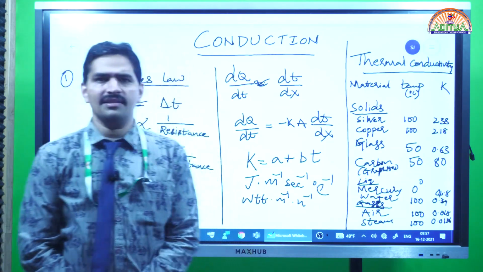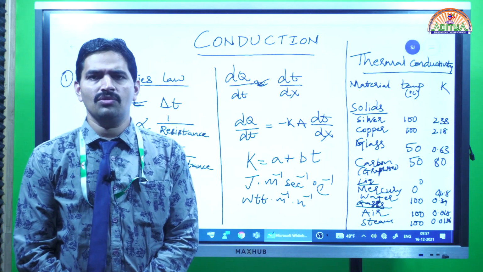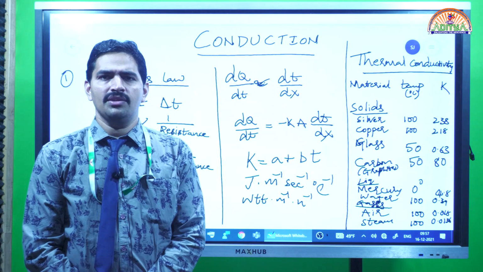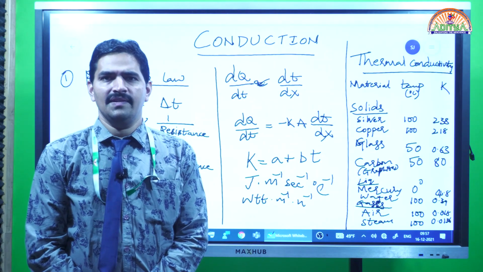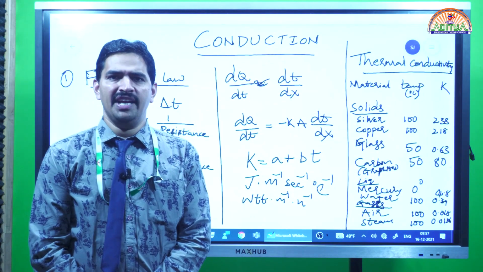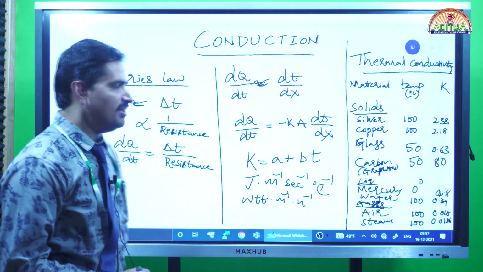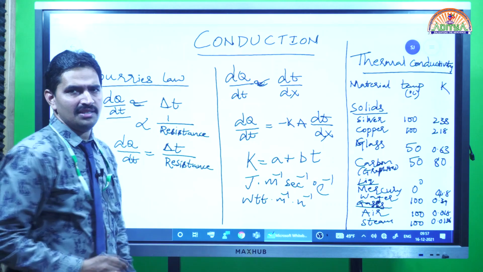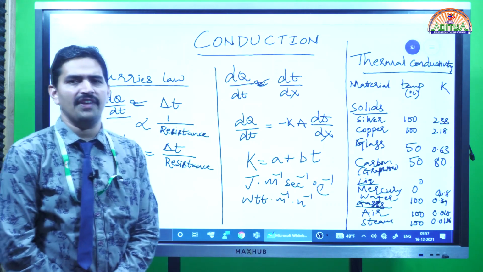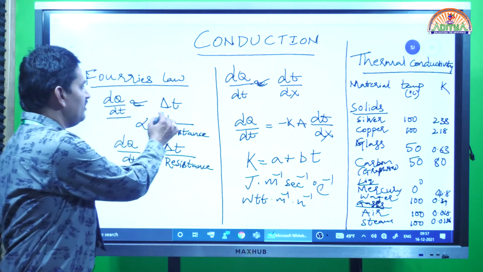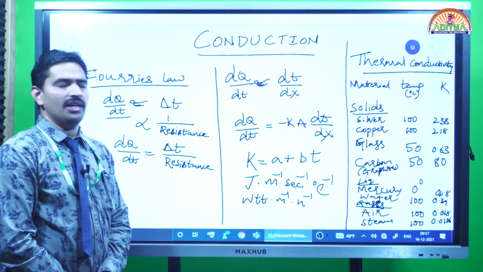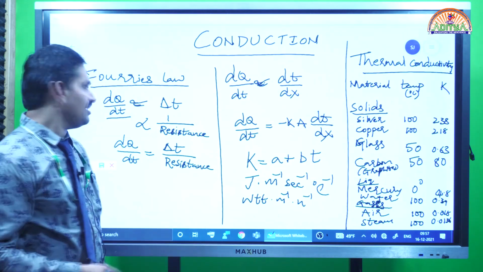Fourier's law says that heat transfer happens with the temperature difference between two areas, and this leads to the flow of heat. Let us see it by means of equations. The heat transfer, that means dq by dt, the rate of heat transfer, is directly proportional to the temperature difference between two molecules or two areas.